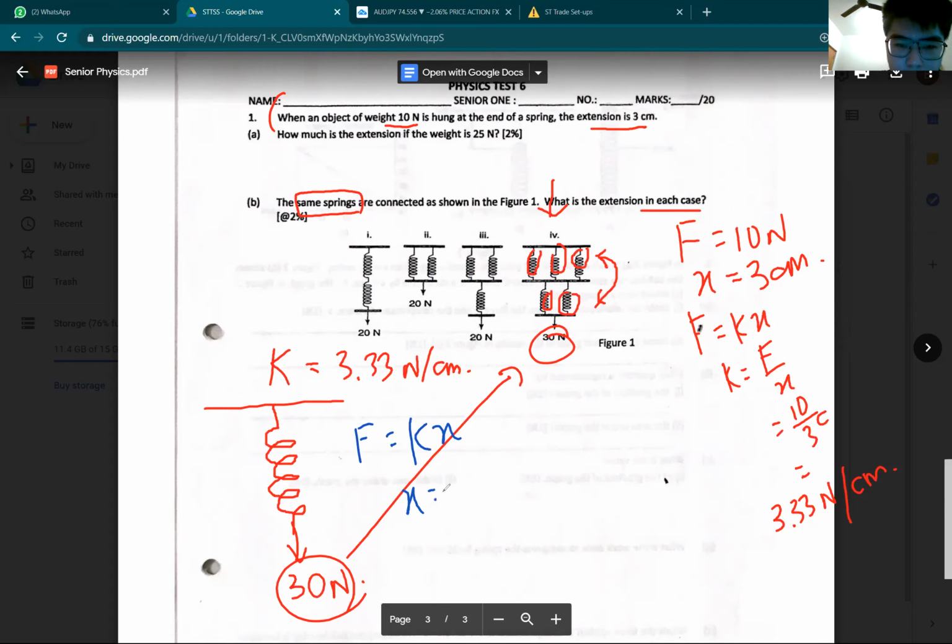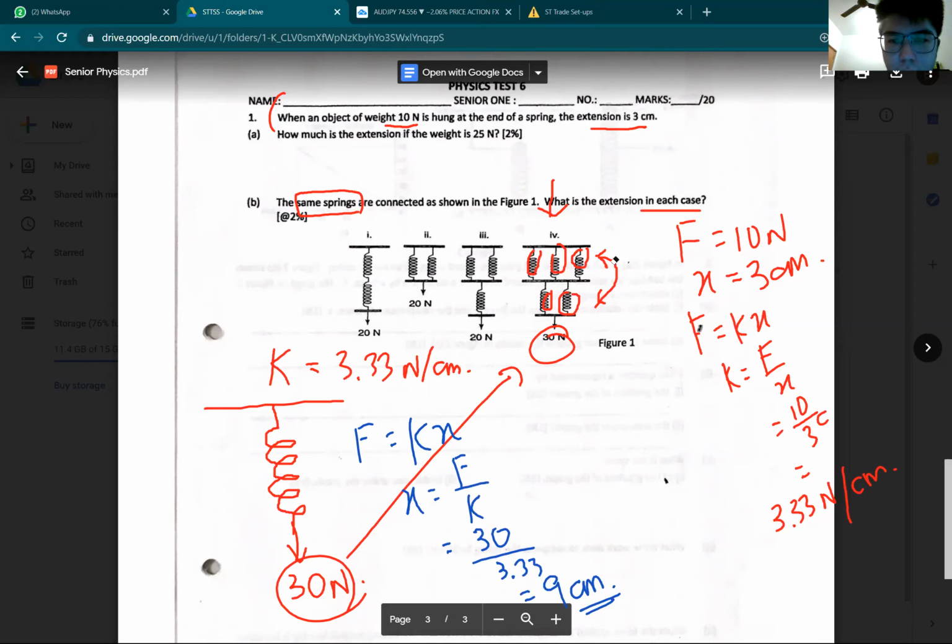So extension equals F over k, equals 30 N over 3.33. So I just take 30 divided by this one. Then x is 9 cm. Okay, answer to this one. Yeah, 9 cm. So the extension for one spring is 9 cm.